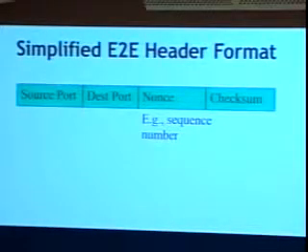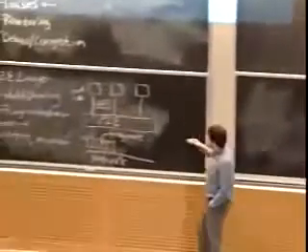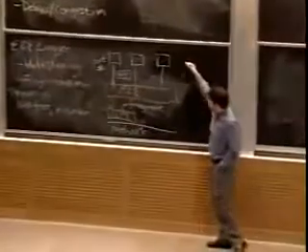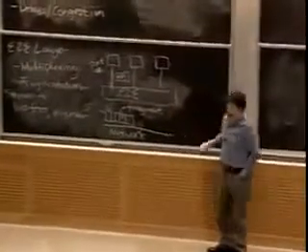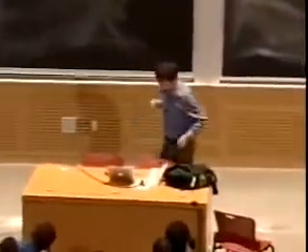It also appears at the end-to-end layer because, as you read in the paper about end-to-end arguments, oftentimes we want to verify that a message is correct at the end-to-end layer or at the application layer, even if we have already verified that at the link layer, because the message could have been corrupted somewhere above just the link layer, right?